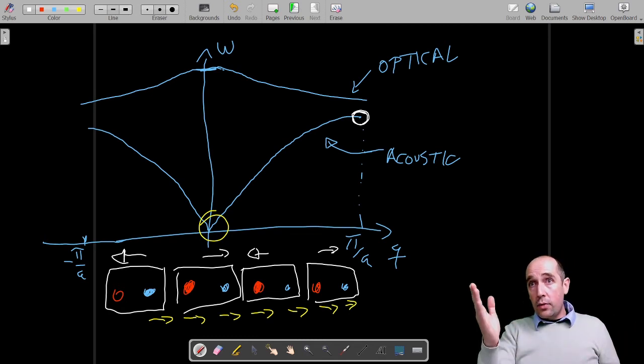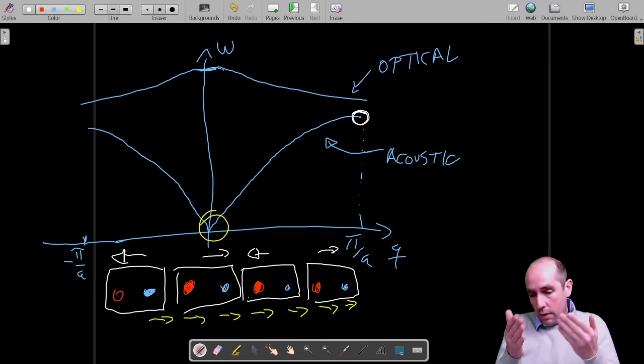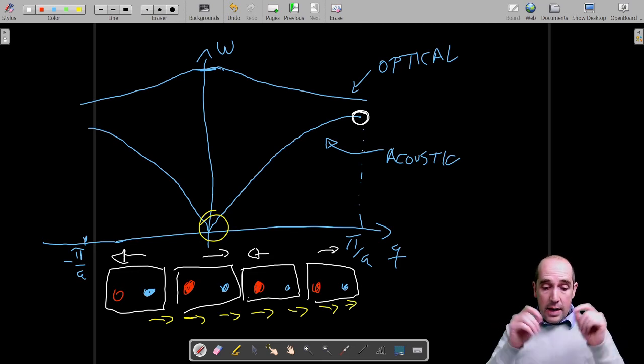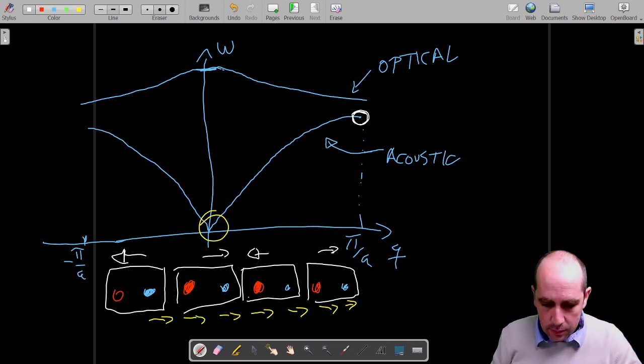In the other extreme of the first Brillouin zone, the wavelength of the vibration and the lattice position essentially vibrate against each other, and this is what we observe here.